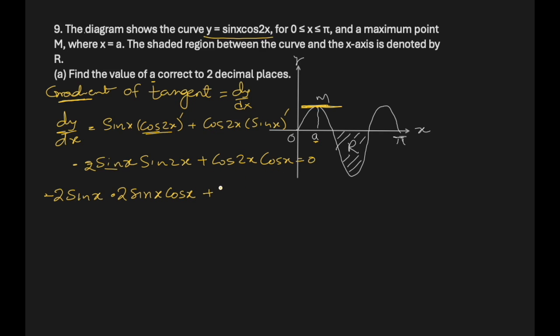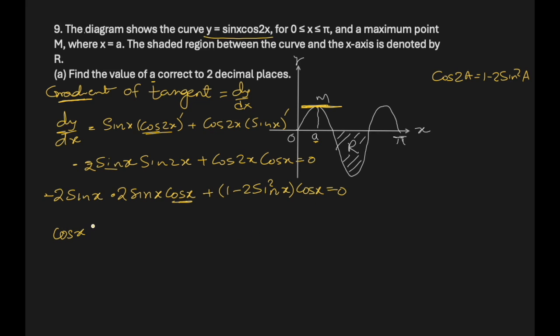Alright. So I'll use this identity, cos 2a equal to 1 minus 2 sin square a. This also has sin square, so it will be helpful. 1 minus 2 sin square x, and then we have cos x. Let's take cos x common, if that is equal to 0, right?